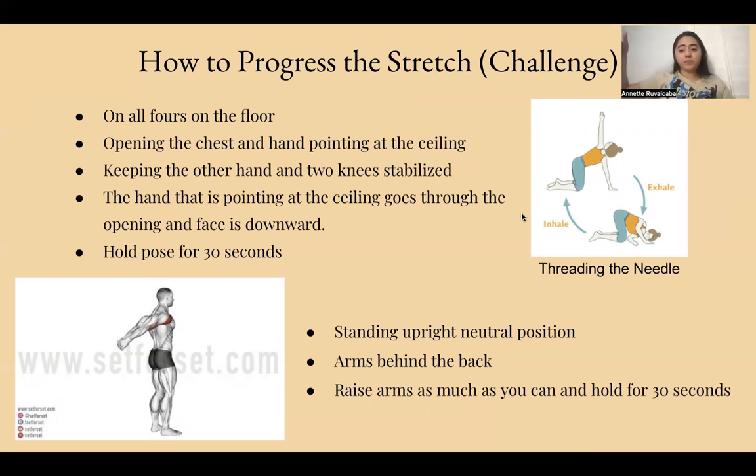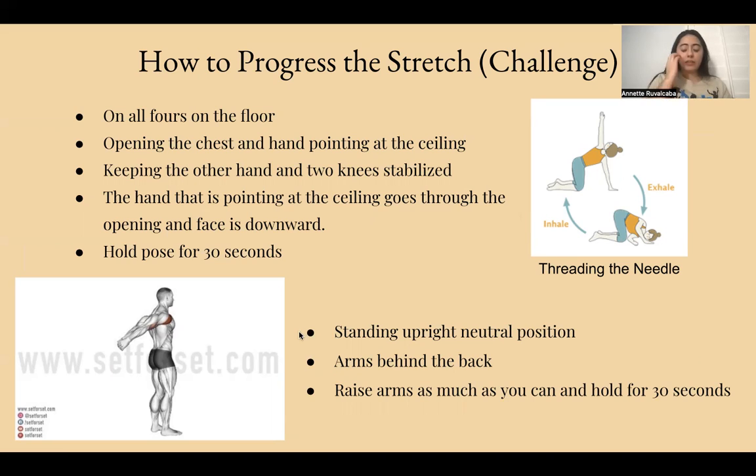And then we twist again, in a sense threading the needle. And so we're threading the needle, we're twisting our body to the other side, and we're facing downward, and we hold that pose for 30 seconds, which then we can get a deeper stretch.